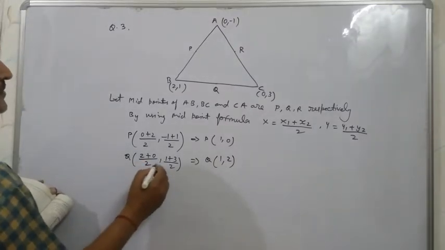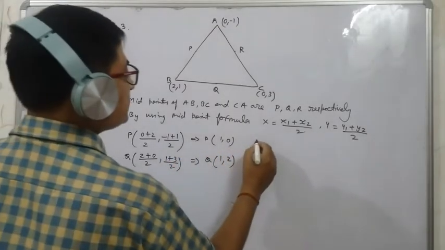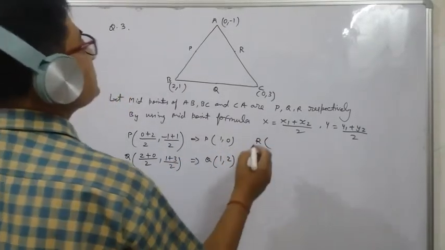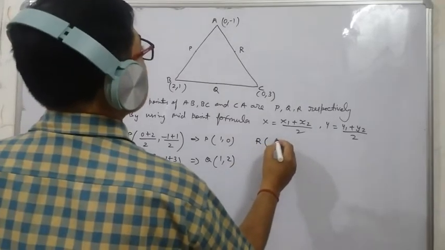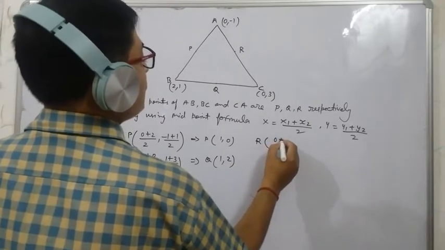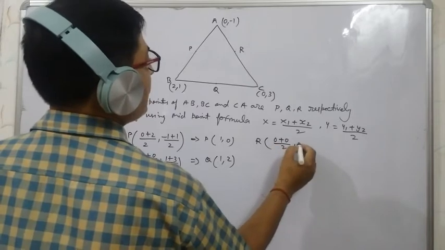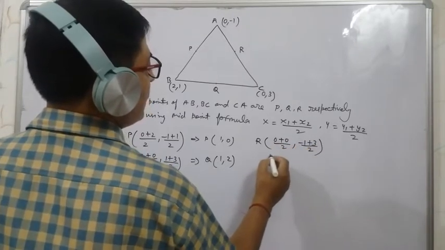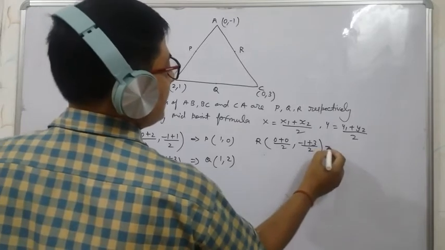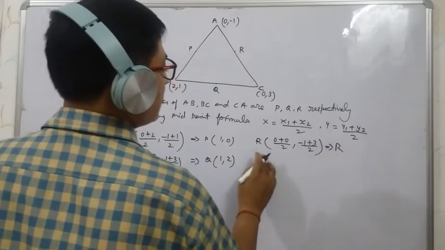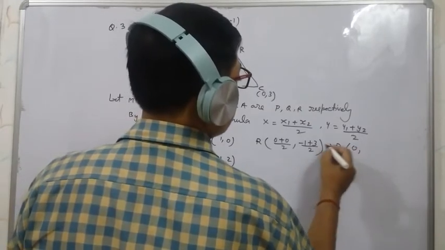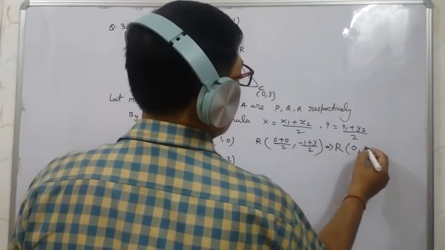Now the point R will be (0 plus 0) upon 2, (-1 plus 3) upon 2. Then this will be R: 0, and -1 plus 3 is 2, 2 by 2 is 1.